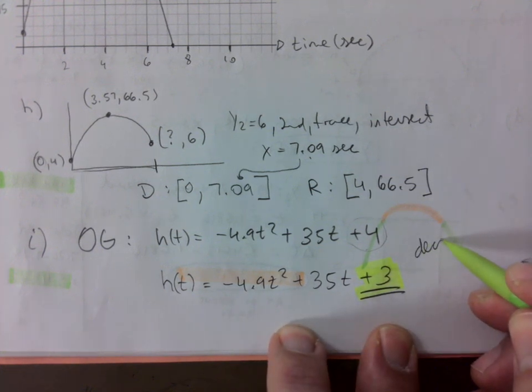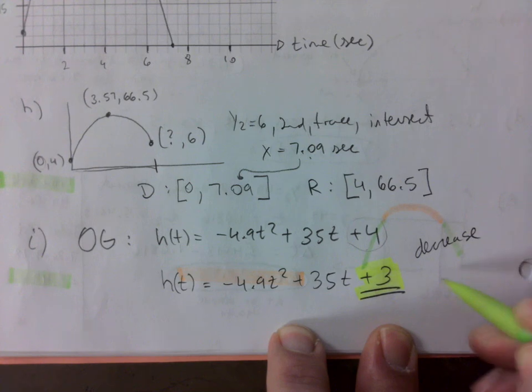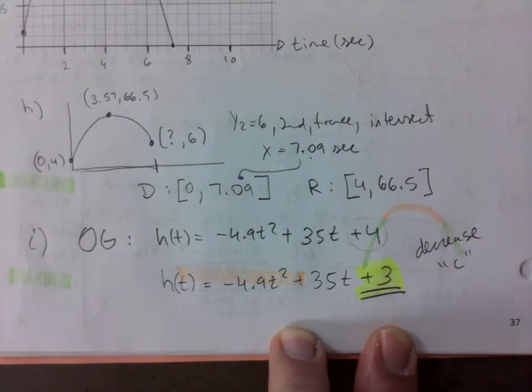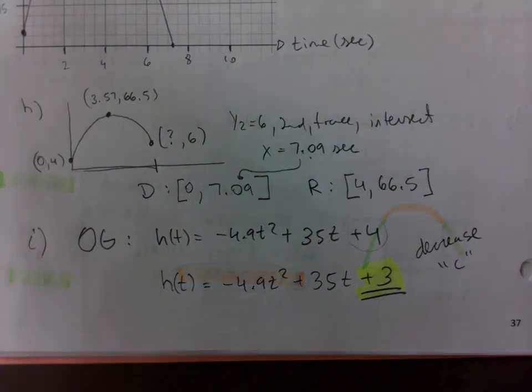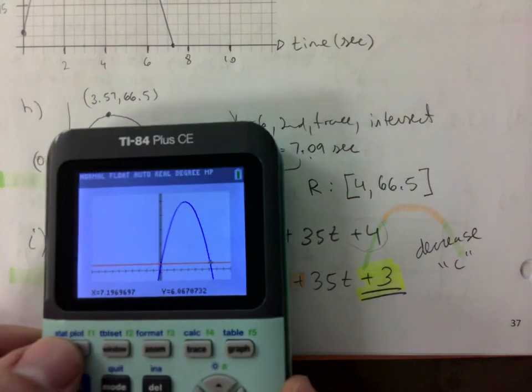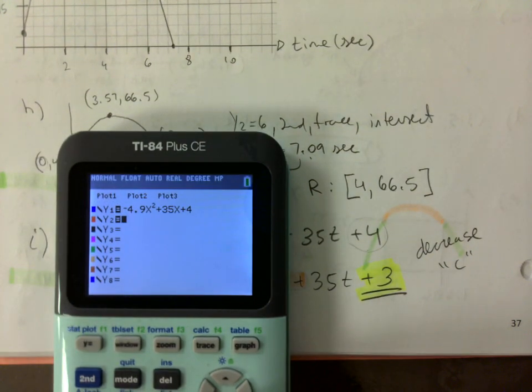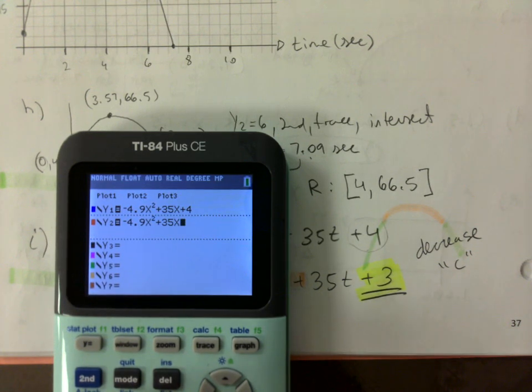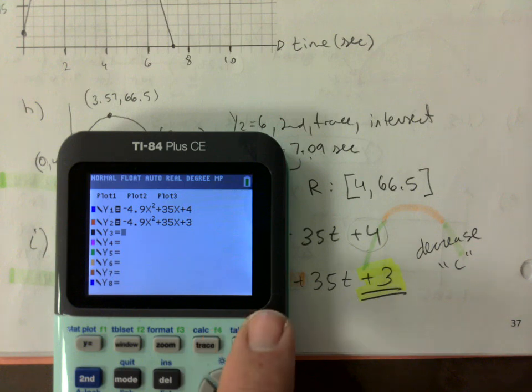Decrease C. Right? That's what I did. And then voila, you got it. And if you want to see, am I doing this right? You grab your calculator. I don't know how to copy paste. A student once showed me how to do that, but you can't teach an old dog new tricks.